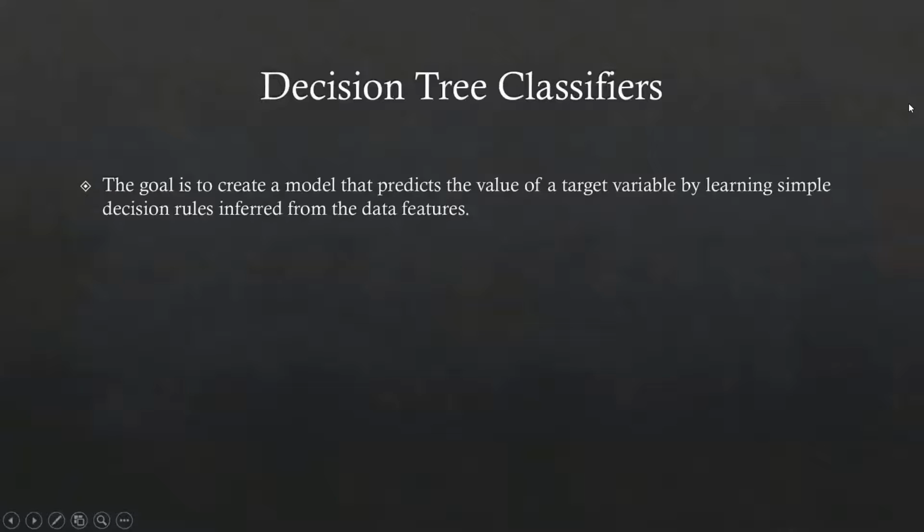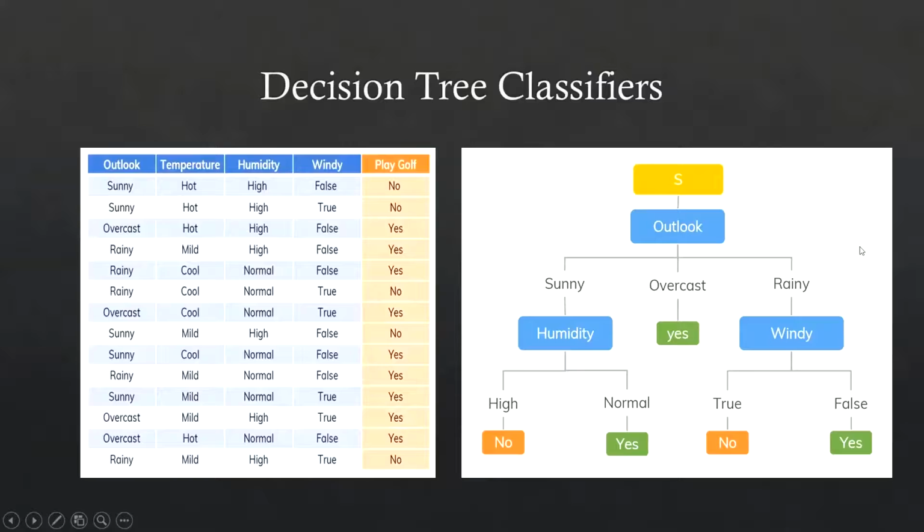The next model we'll be talking about is a decision tree classifier. And like you can see here, the goal is to create a model that predicts the value of a target variable by learning simple decision rules inferred from the data features. So what's happening here is this chart on the right is created given this data here on the left. Our target variable is whether we should play golf or not.